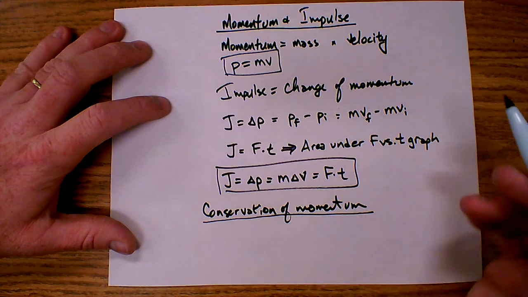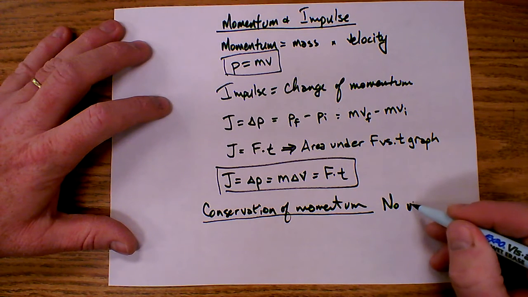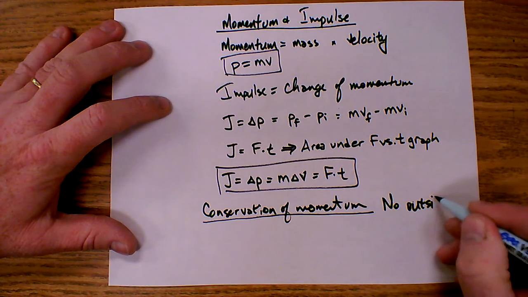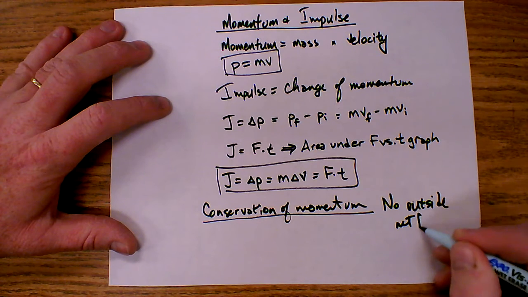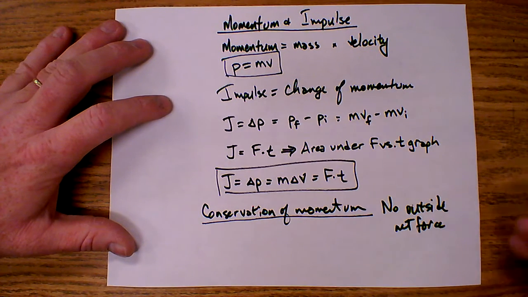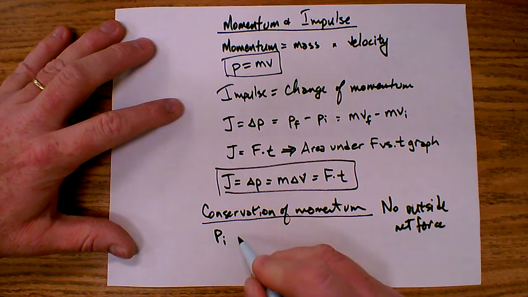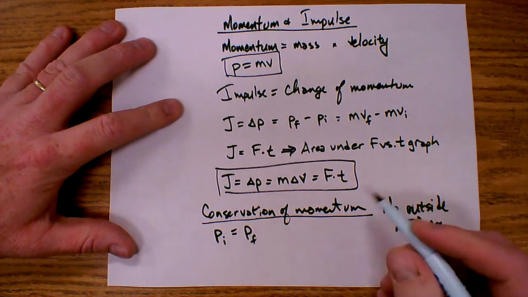So conservation of momentum applies whenever there is no outside net force, and it basically means that the initial momentum of a system is equal to the final momentum of a system, or p initial equals p final.